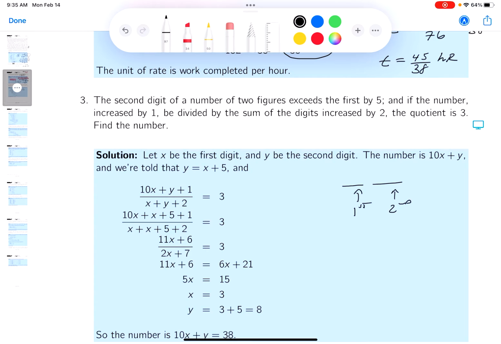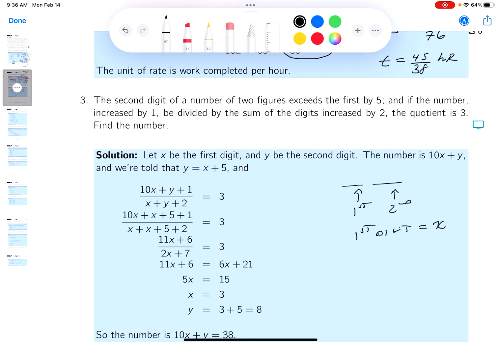The first digit's in the tens place, the second digit's in the unit place. I don't know what the first digit is, so I'm going to call it X. If it's a 2-digit number, X could be 1, 2, 3, up to 9.